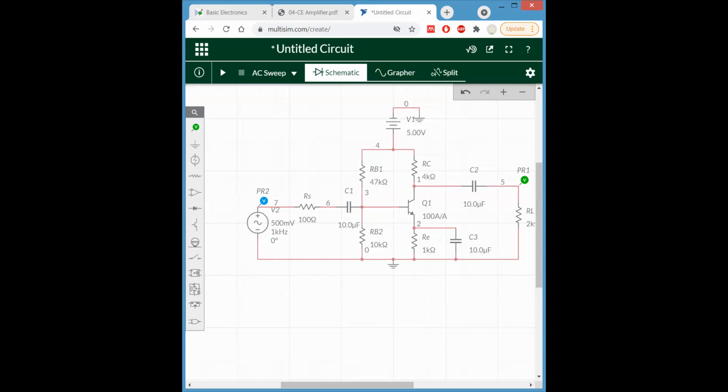Then RL is 2K. Then base resistance RB1 is 47K, and base resistance 2 is 10K. All the capacitors are 10 microfarad, C1, C2, C3. Okay.